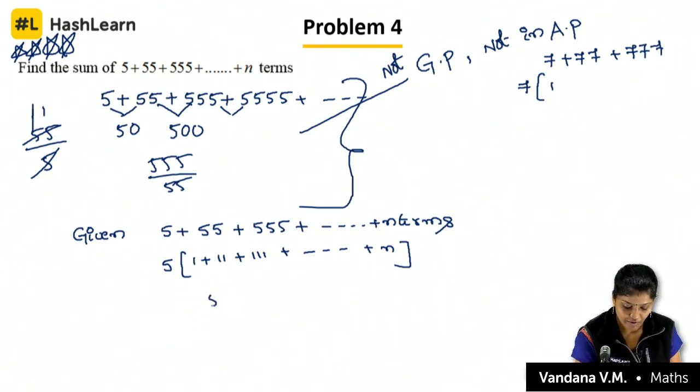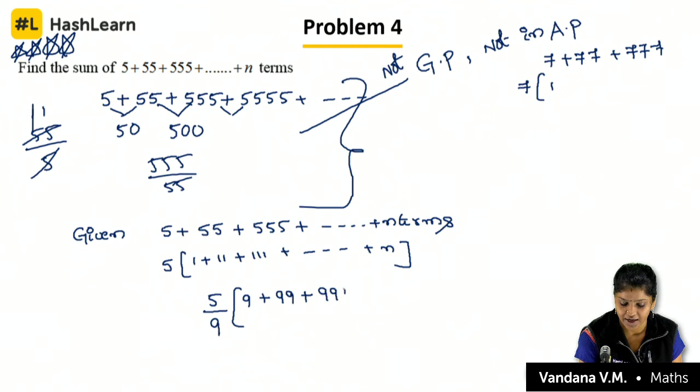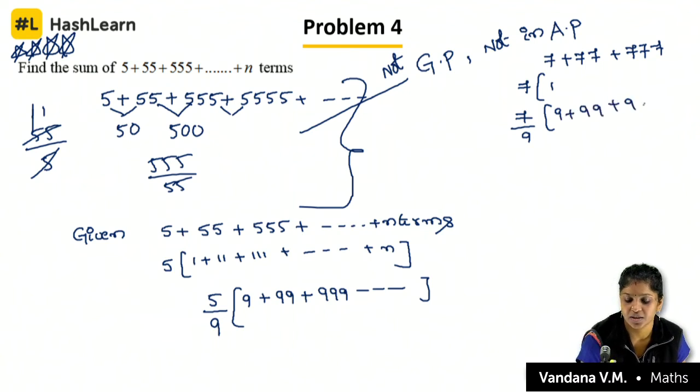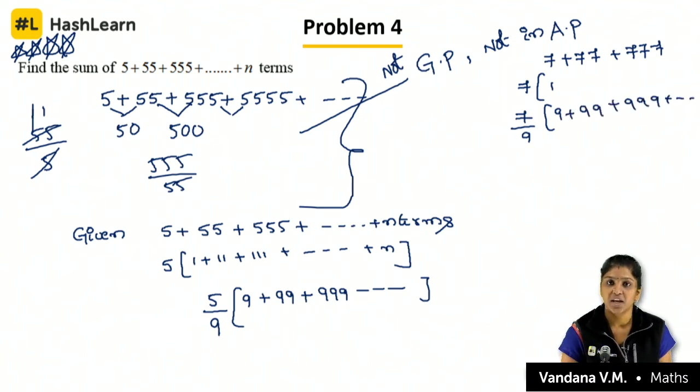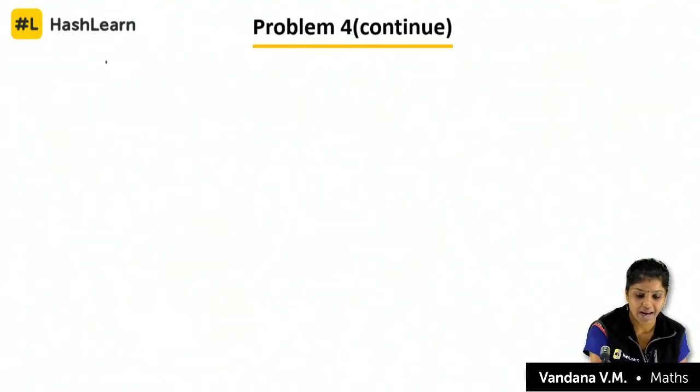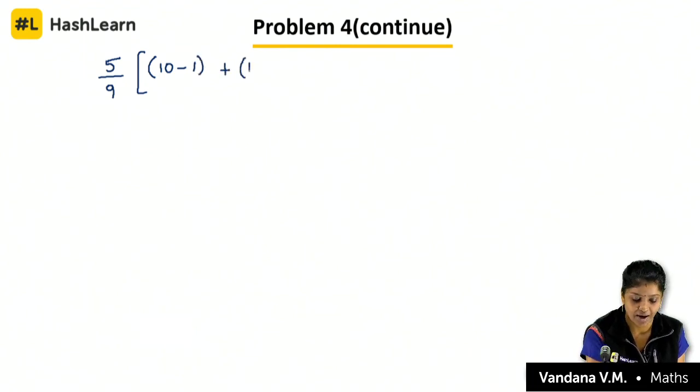So that is 5 by 9, multiplying with 9 gives 9 plus 99 plus 999 and so on. Here also the same thing, 7 by 9 into 9 plus 99 plus 999. These two are the common steps. Now what will happen, children? Why did I do this? Because now you observe 9 can be written as 10 minus 1. 99 can be written as 10 square minus 1.